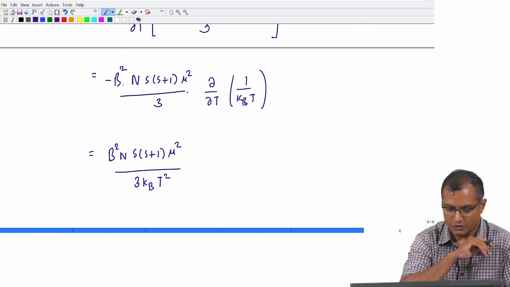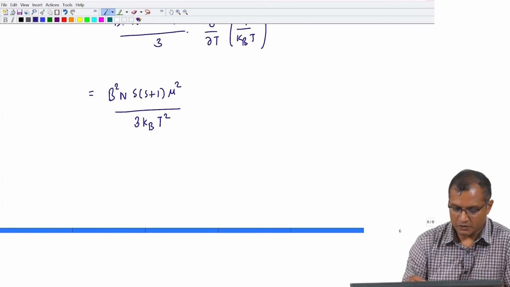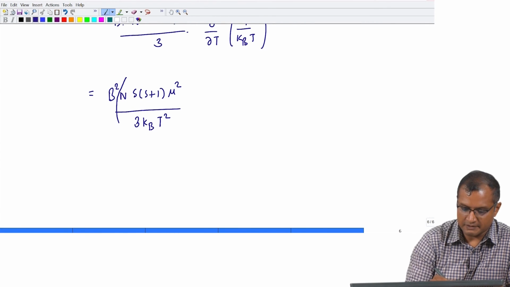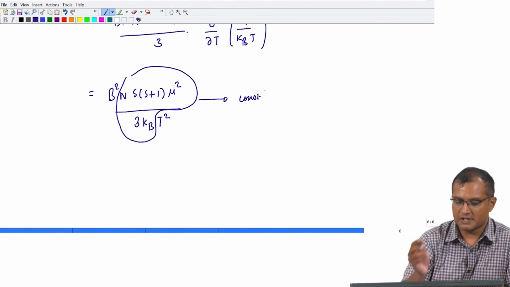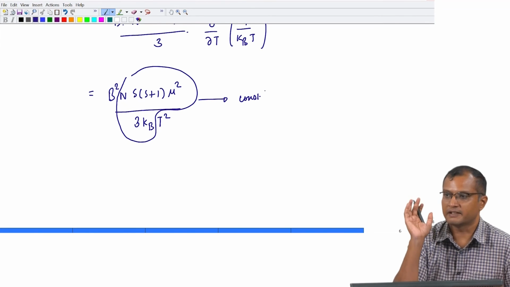So, I can now call all these things some kind of a constant which does not depend on temperature or the magnetic field.